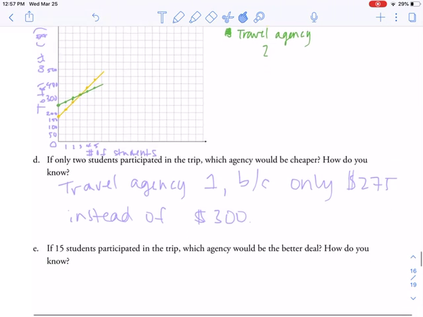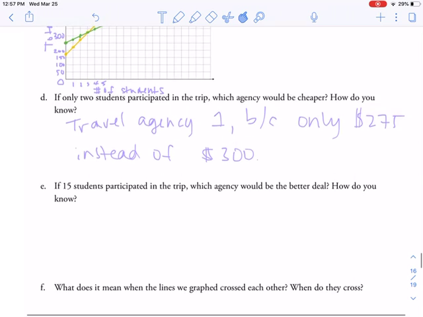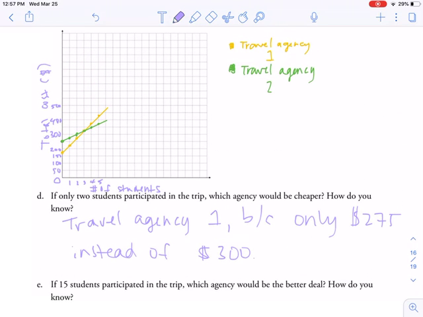All right, then we can look at if 15 students participated in the trip, which agency would be lower, and how do we know? You're going to see here that our information stops at 5 students, right? But if you take a look at the lines, you can see that this line is increasing, and if I were to extend this other line, it would also still be increasing, but that second line is much lower, right?